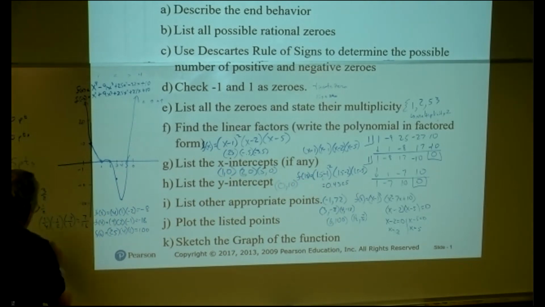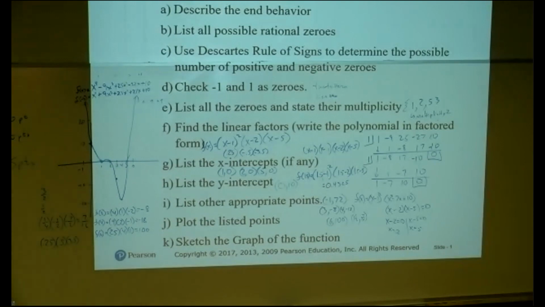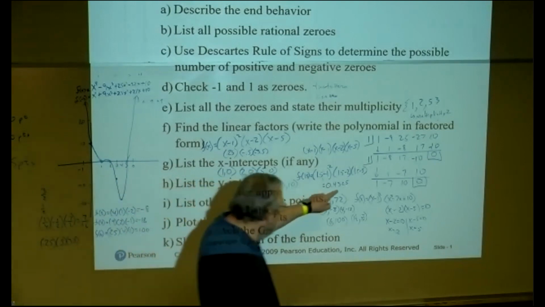Because that's going to be 0.25 times 0.5 times 3.5. So I have 1, 2, 3, 4 decimal places. So my answer is going to have 4 decimals.